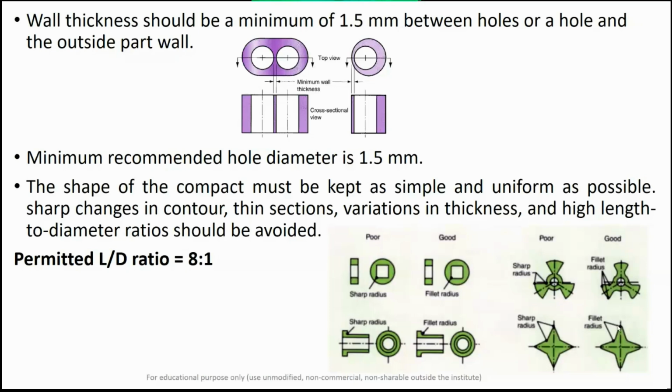As you know, this sharp radius, this abrupt change in the cross section, acts as a stress raiser. So even during the compaction pressure, when the pressure is applied, you will find certain cracking at these sharp corners and sharp edges. Such errors should be avoided.